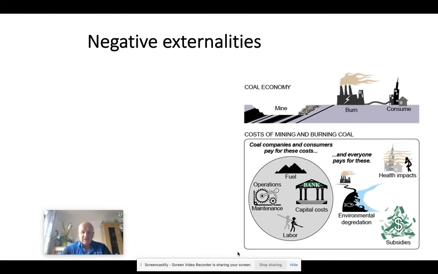So, thinking about some negative externalities then. We've got a case study that you can take a look at in a minute, on the Fawley Oil Refinery, and also some questions for you to answer. But effectively, remember, our social cost is the private cost of producing something plus any external cost.